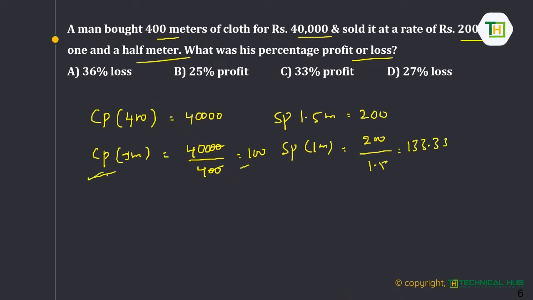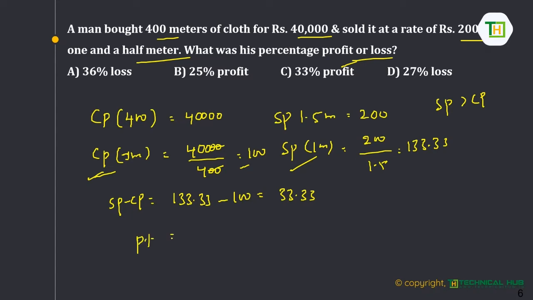Here the cost price is there and the selling price is there. You will get a profit because the selling price is more than the cost price. That profit is selling price minus cost price. The selling price is 133.33 and the cost price is 100, so the profit is 33.33. But they're asking for the profit percentage.